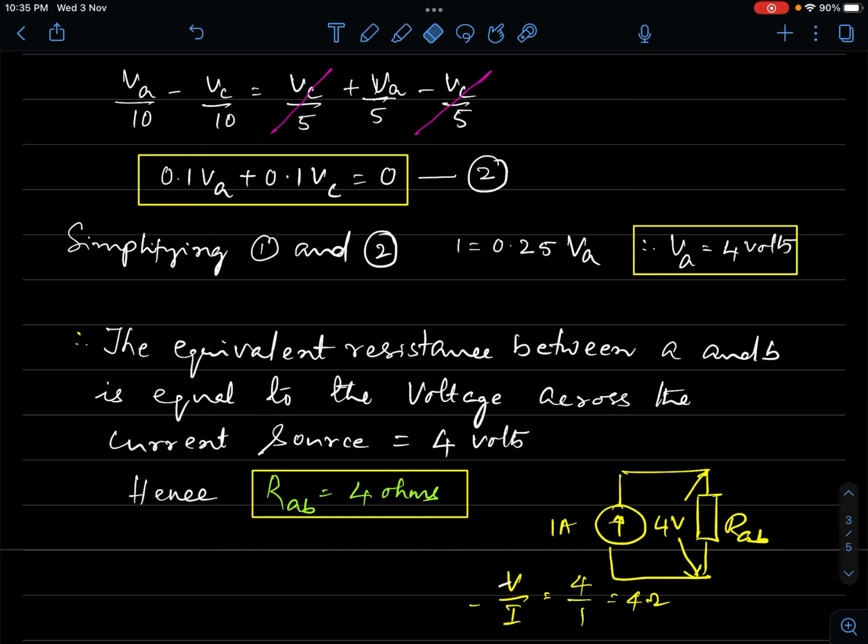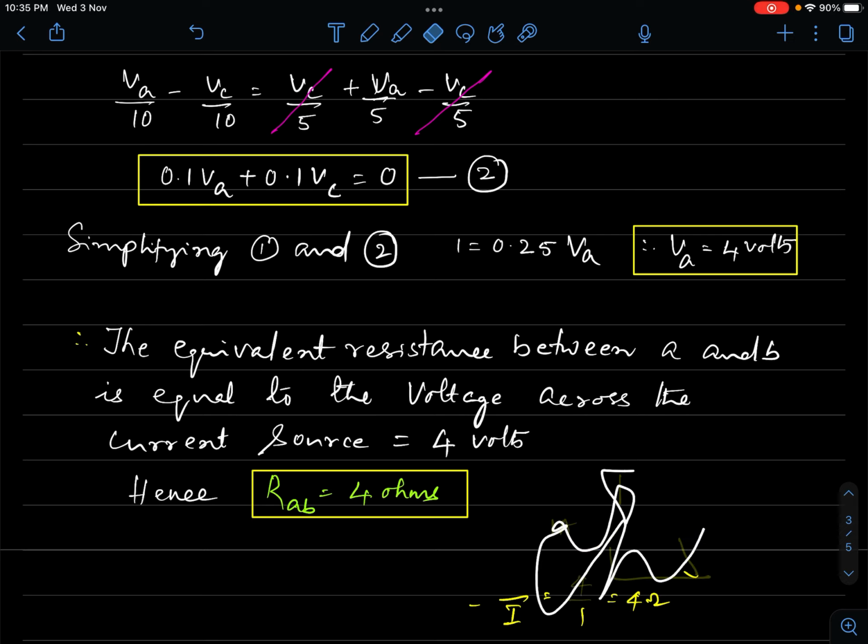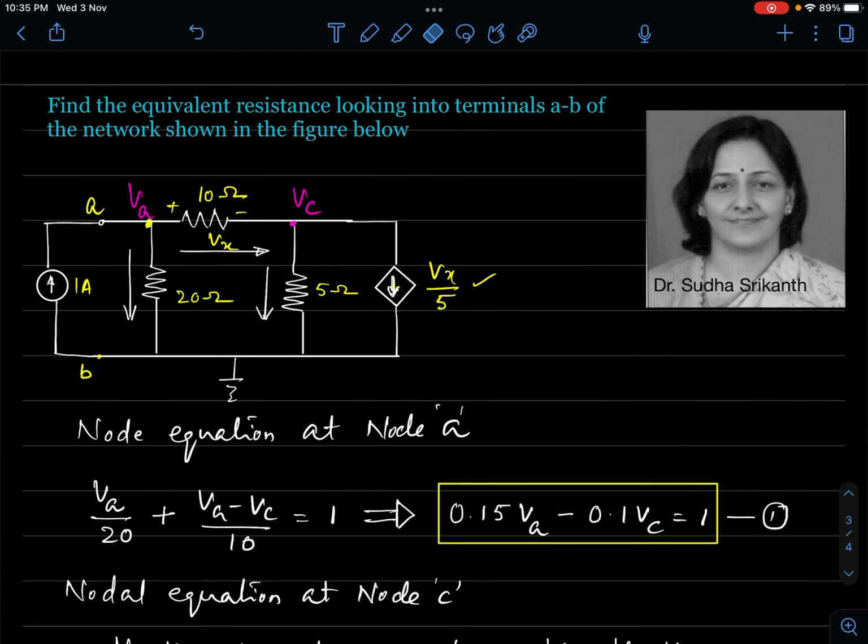This is the logic. We try to find out the potential difference across the current source, and we say that the potential difference across the current source itself is the equivalent resistance between A and B. This method is typically adopted when the network doesn't have an independent source. So we imagine connecting an independent source so that the dependent source gets meaning. Otherwise, it doesn't get any meaning at all, because it is dependent on some other voltage or current in some part of the circuit.